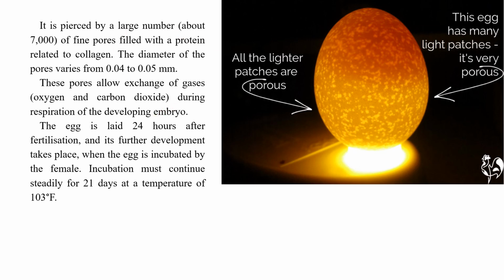And the calcareous shell is pierced by a large number, about 7,000, of fine pores filled with a protein related to collagen. The diameter of the pores varies from 0.04 to 0.05 millimeters. These pores allow exchange of gases, mainly oxygen and carbon dioxide, during the respiration of the developing embryo.